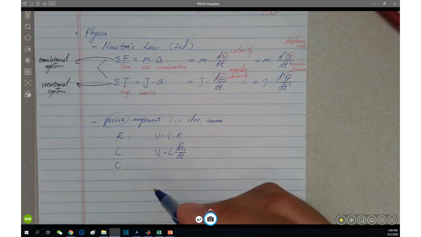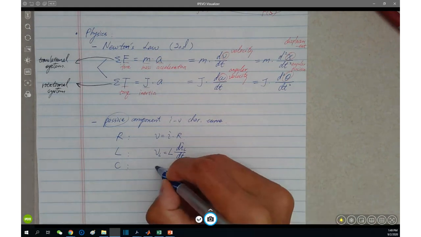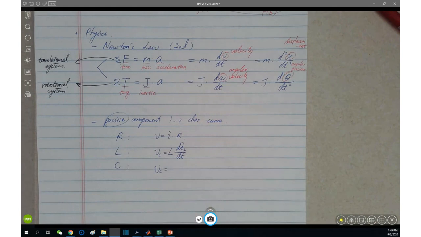And to the capacitor, what is it? Sawyer, can you speak loudly? I think it's C and then the integral of the current with respect to time.